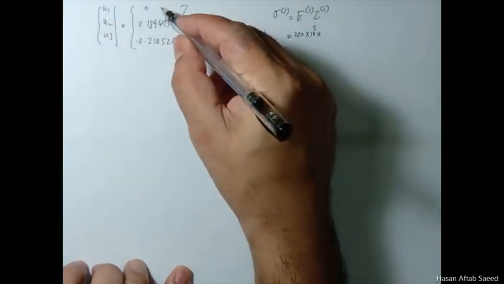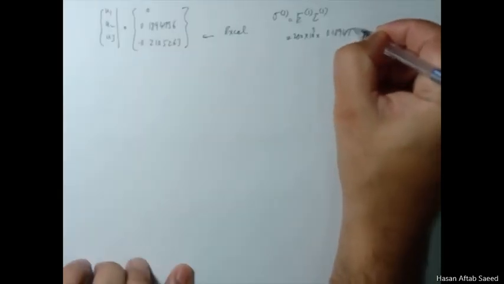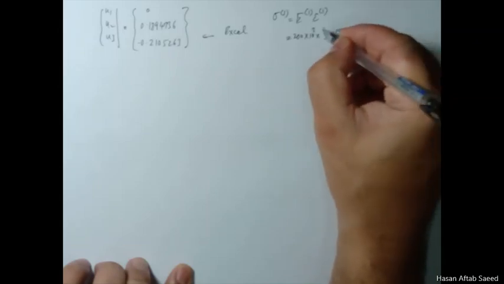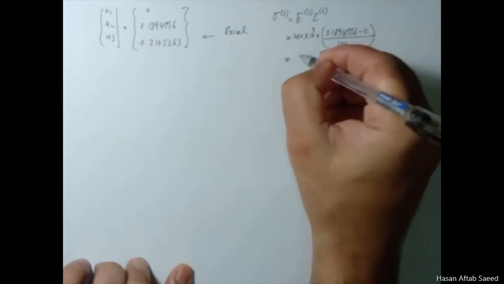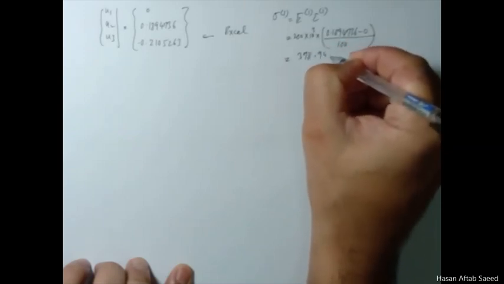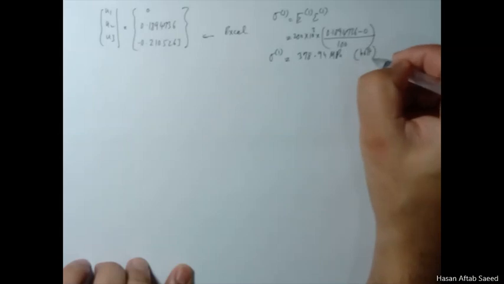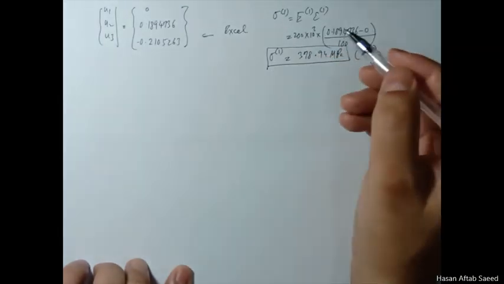Epsilon is this minus this over length, 0.1894736 minus 0 over 100, which is 378.94 megapascals. This is the stress in the bolt, positive tensile, as expected.